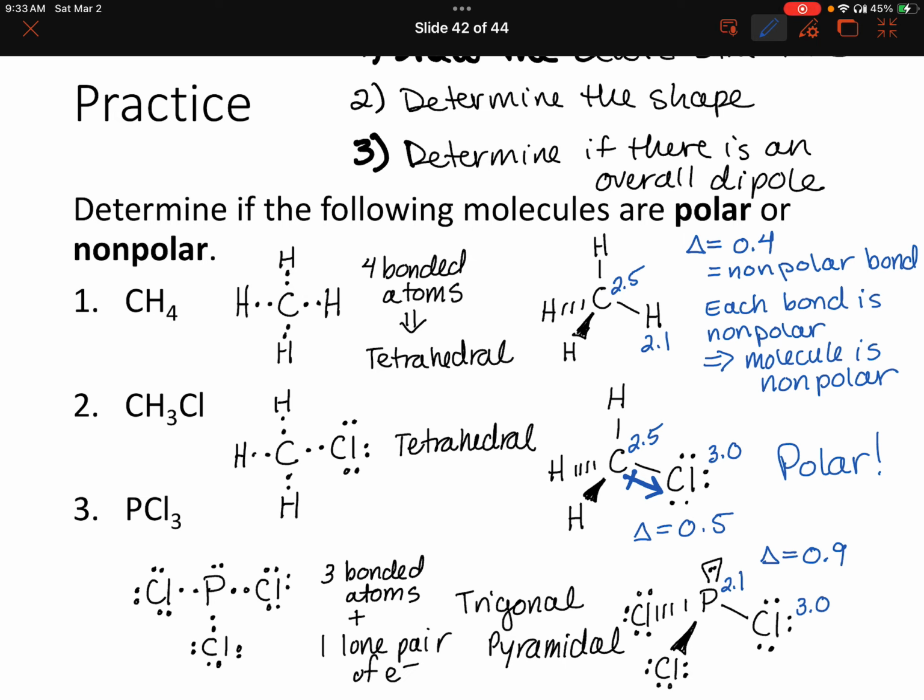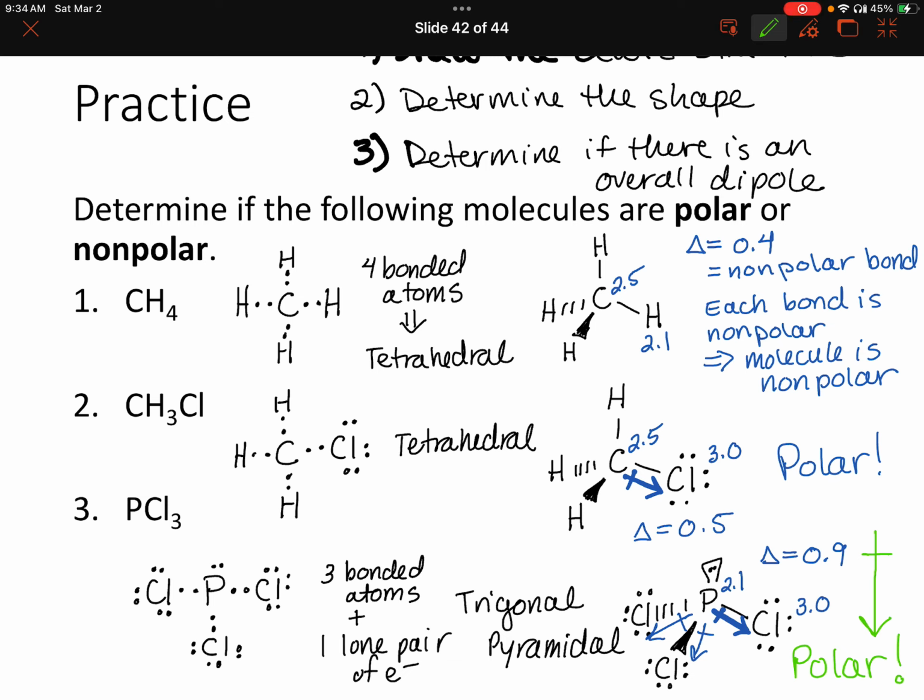So for each phosphorus-chlorine bond, I'm going to draw little dipole arrows, and I want them pointing towards chlorine because chlorine is more electronegative than phosphorus. So it looks like overall electrons are kind of moving down and away from phosphorus and more towards each chlorine. So that means this has an overall dipole moment pointing down, and this is a polar molecule.